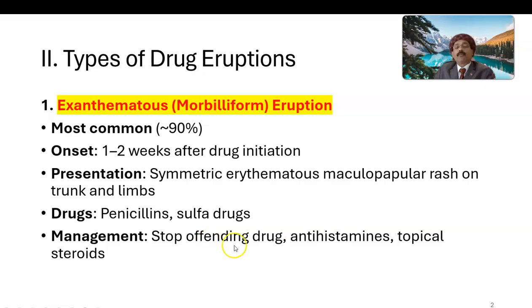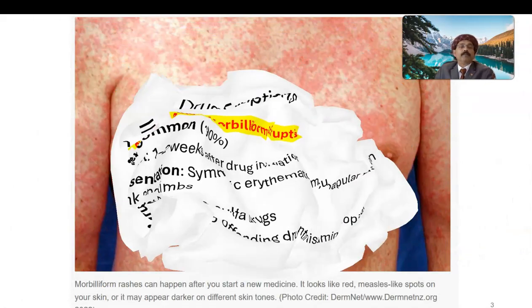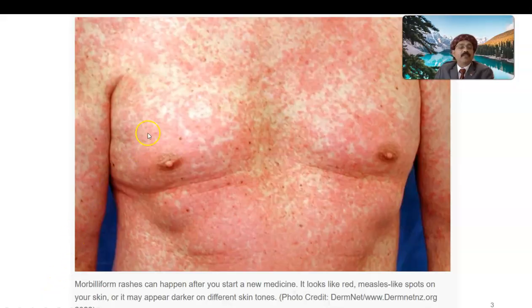Management: stop the offending drug, give antihistamine, and we can apply topical steroids. Most important is stopping the offending drug and giving antihistamine. Okay, this is morbilliform rash. It can happen after you start a new medicine.